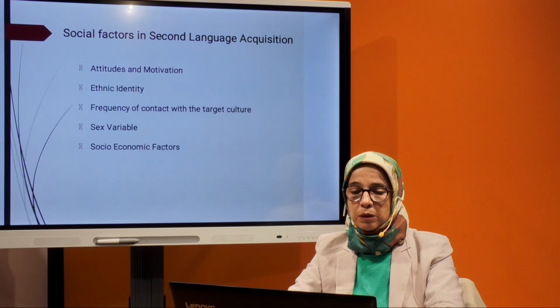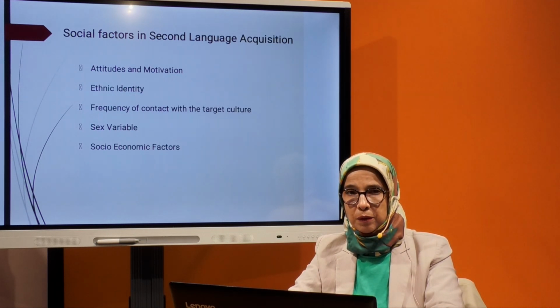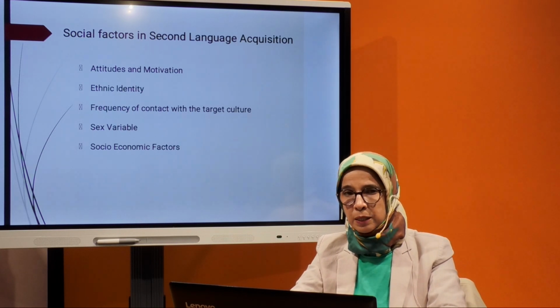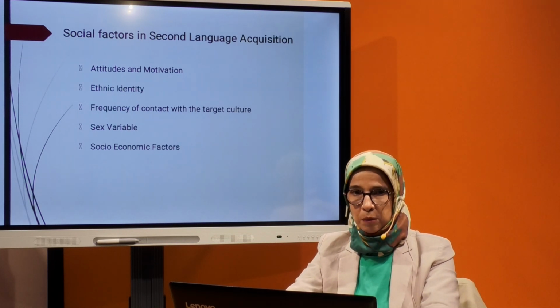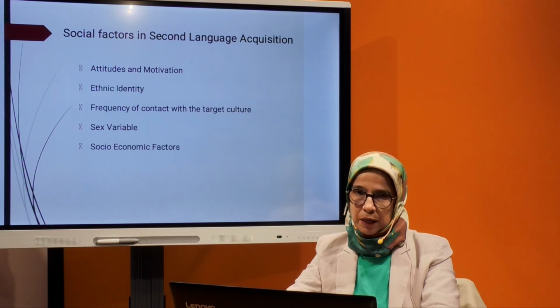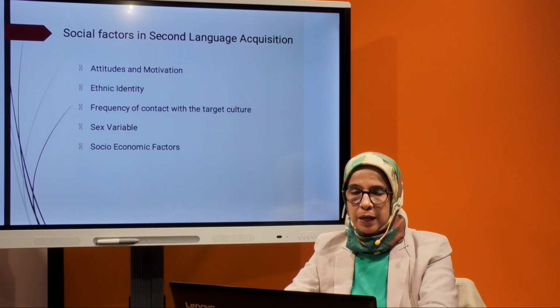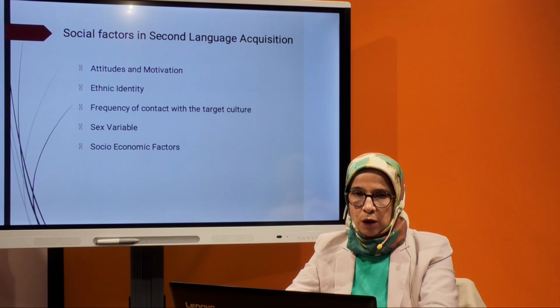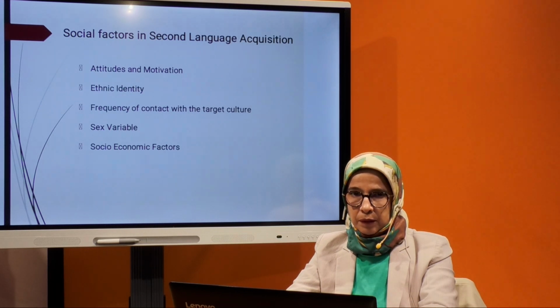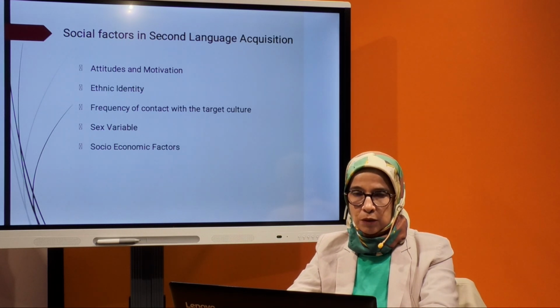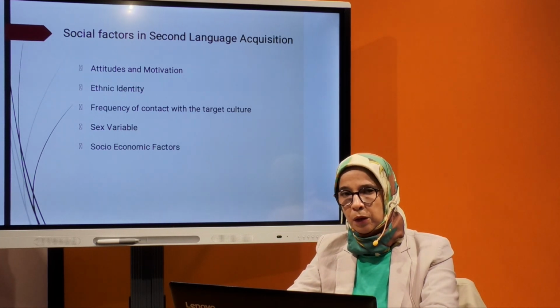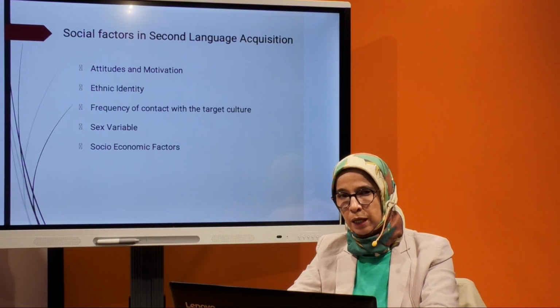Moving to another factor, that of the sex variable. When I say sex variable in here, it's the gender variable. Many people think that women are more successful in learning a second language or a foreign language than men.